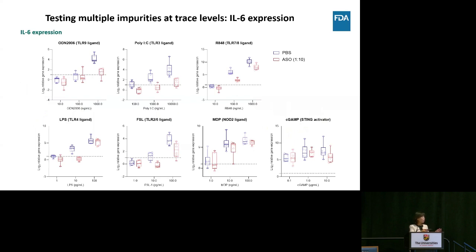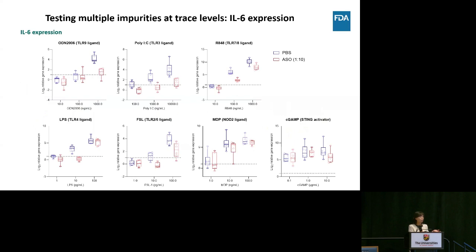And we move on to the other agonists. Since oligonucleotides can have a lot of oligo-related impurities targeting TLR3, 7, and 9, we included those agonists as stability controls.